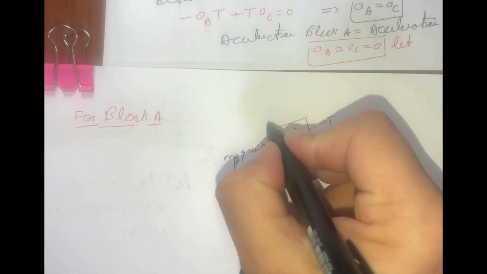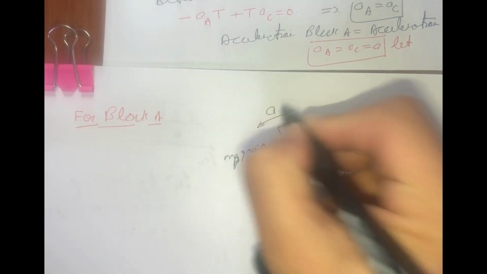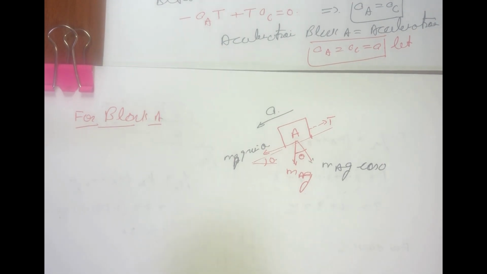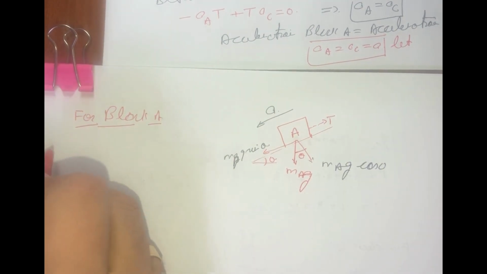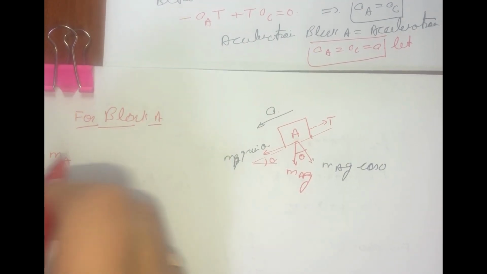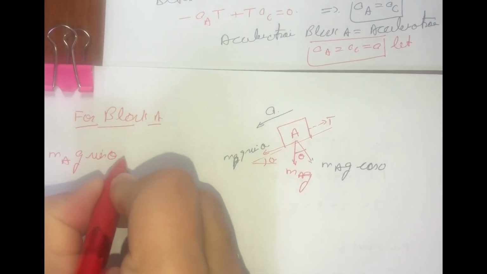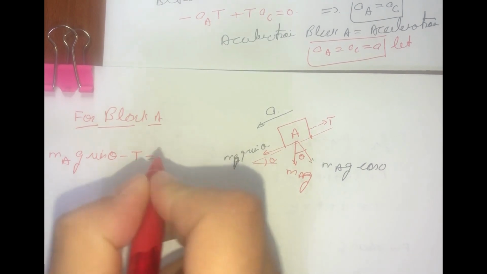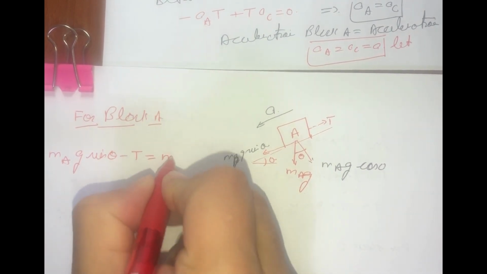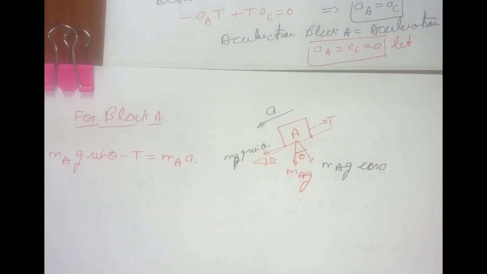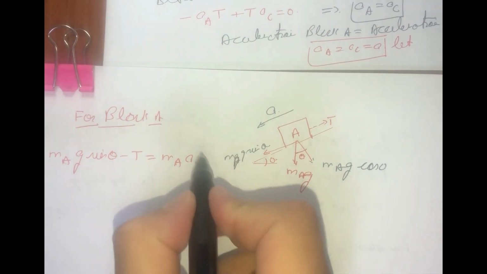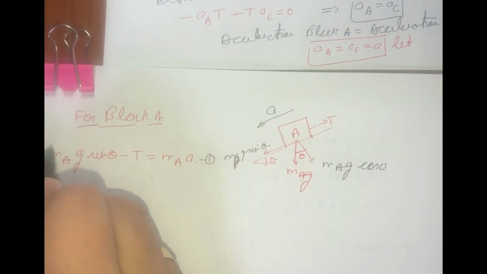It is traveling in the downward direction with acceleration a. So we write the equation as mA g sin theta minus T is equal to mA a. Let us call this equation number 1.